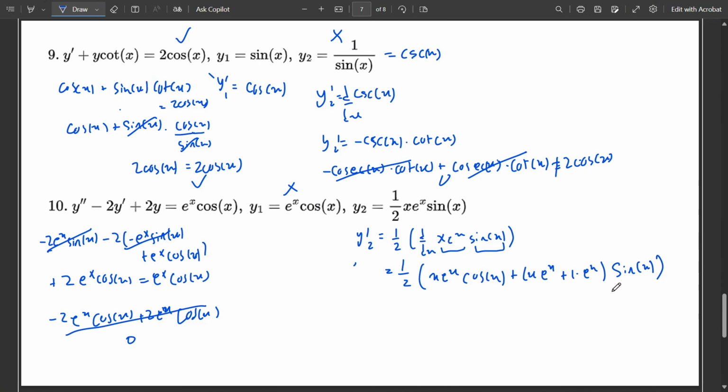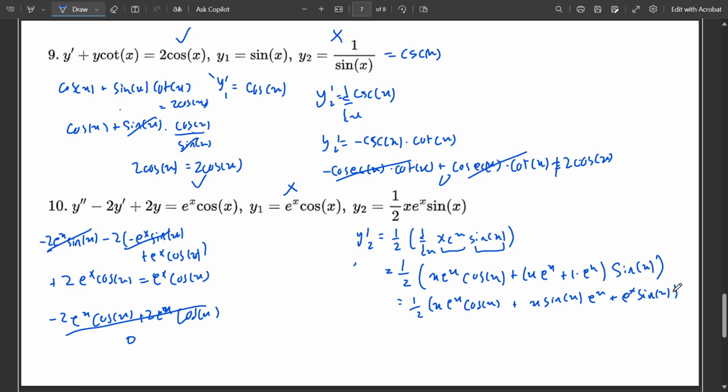Simplify this, we have a half x e to the x cosine of x plus x sine of x e to the x plus e to the x sine of x.